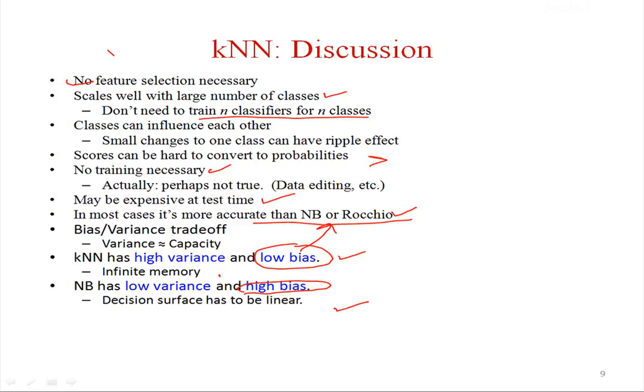Here it requires infinite memory because we have to store the entire Voronoi diagram. However, we can use a distributed system to store parts of the Voronoi diagram in memory for the entire classification.